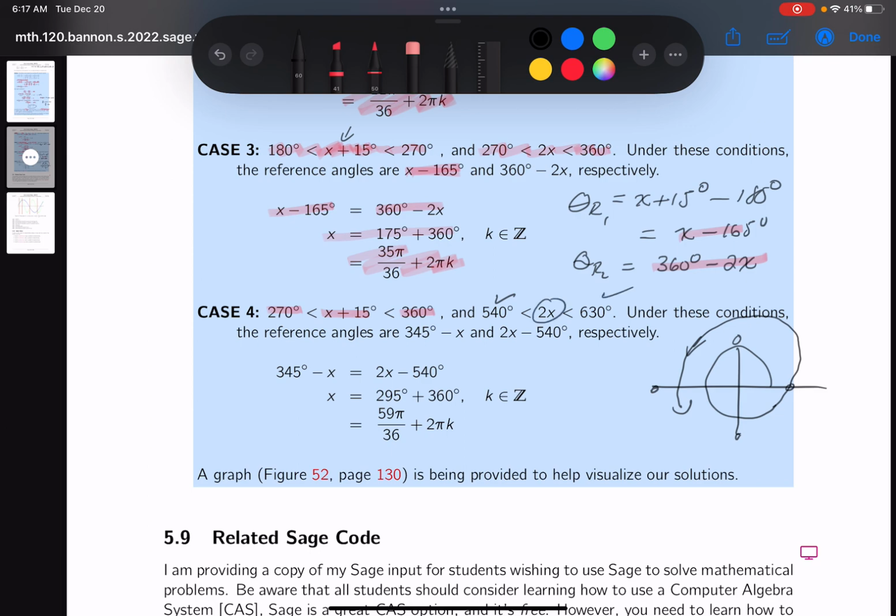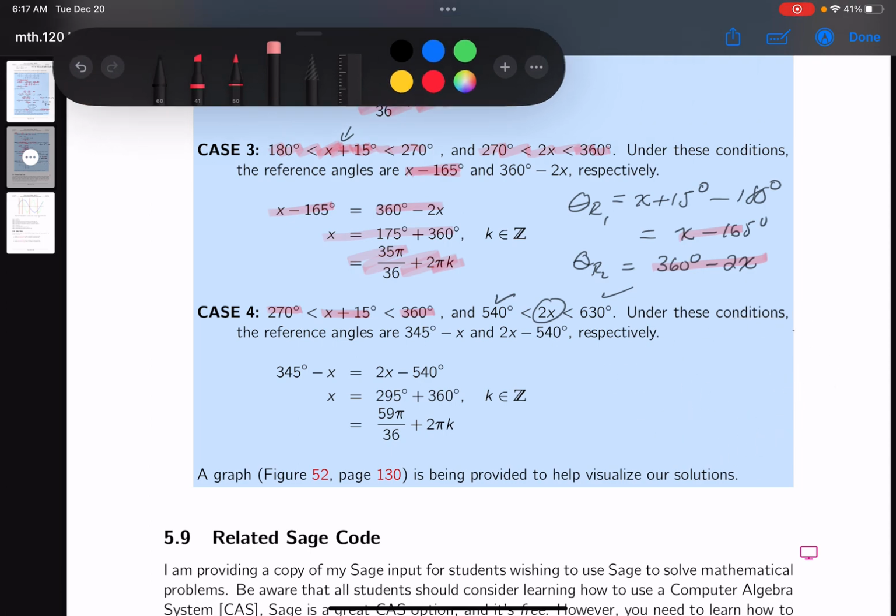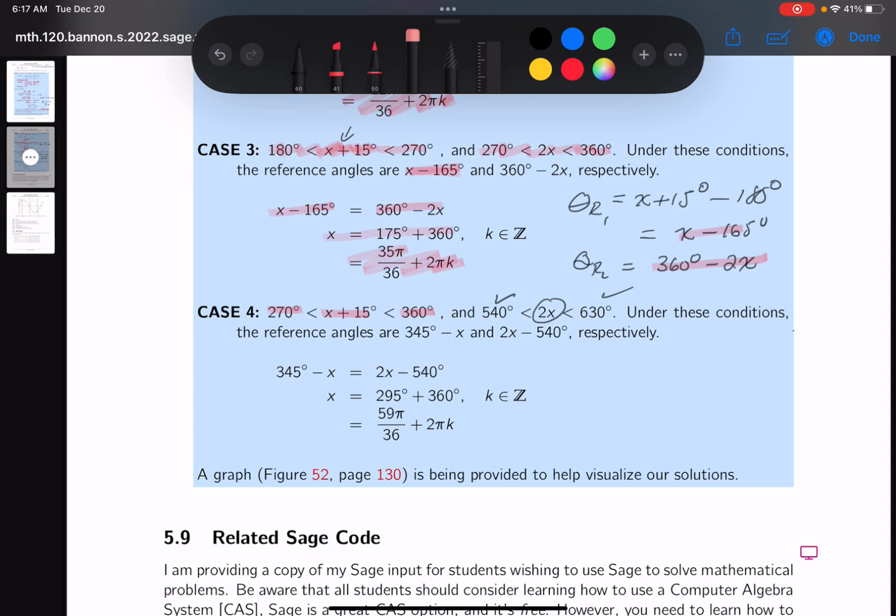All right? So I got the references again. Let's get my eraser out, and we'll talk reference. So for the x plus 15, the reference for that, we'll talk the first one. It's going to be 360 degrees minus this, so 360 minus x minus 15 degrees, which is 345 degrees minus x.